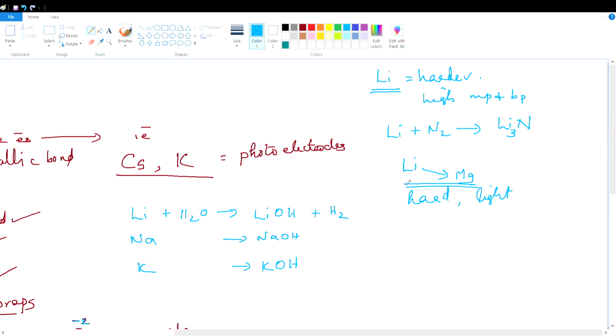Lithium and magnesium react slowly with water. Lithium chloride and magnesium chloride are deliquescent and they form hydrates having the formula lithium chloride 2H2O and magnesium chloride 8H2O. So some of the properties of lithium and magnesium are similar, a diagonal relationship.